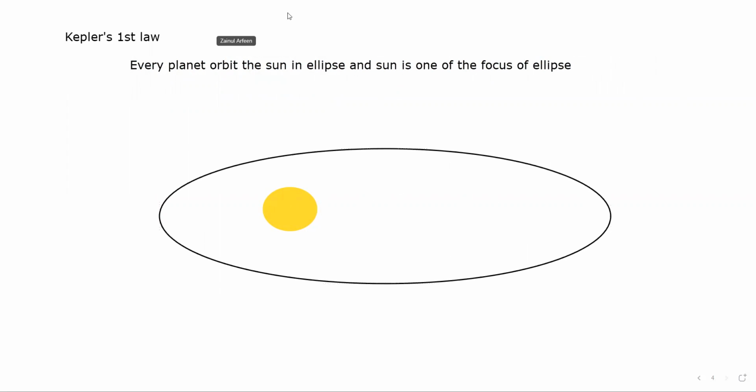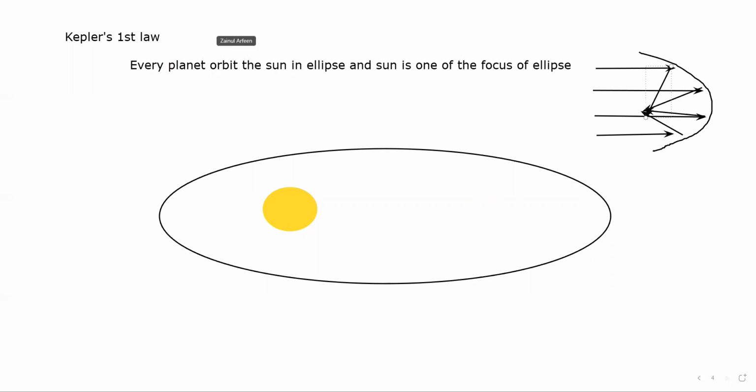According to Kepler's first law, because this is an ellipse, there will be a focus here. To understand focus simply: if I have a curved surface and parallel light rays, these parallel light rays will converge at one point, and that point we call a focus.